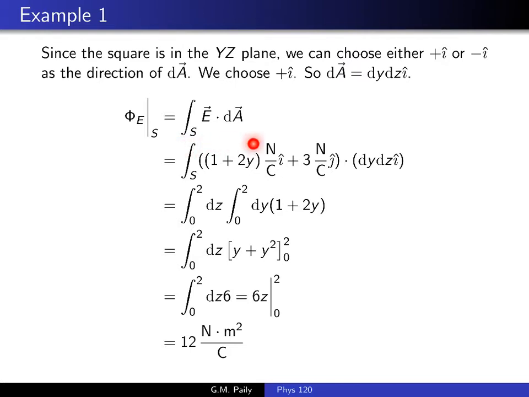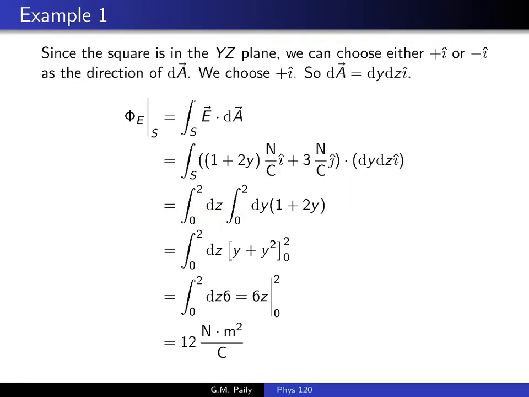Now let's try and evaluate the integral. We substitute for E and for dA, and then we note that we are doing a dot product. Since the dot product of j hat and i hat is 0, we only need to worry about the dot product of i hat with i hat. i hat dot i hat is 1, and so only this component of the electric field survives, 1 plus 2y.